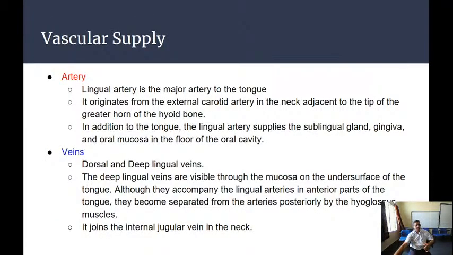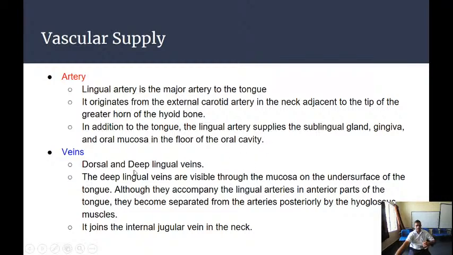Then the vascular supply is the lingual artery, which is a branch of the external carotid artery and is the major contribution. In addition to the tongue, the lingual artery supplies the sublingual glands, the gingiva, oral mucosa and floor of the oral cavity.